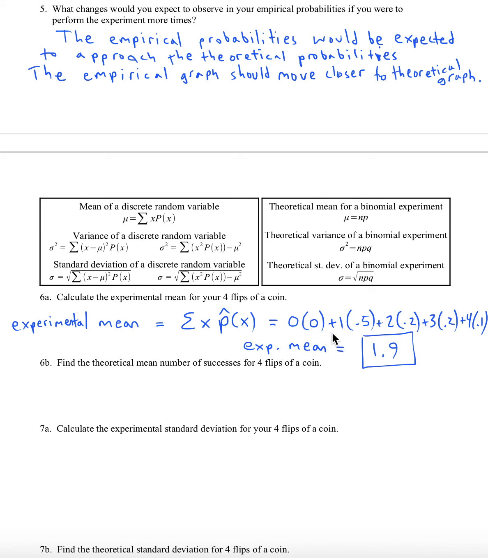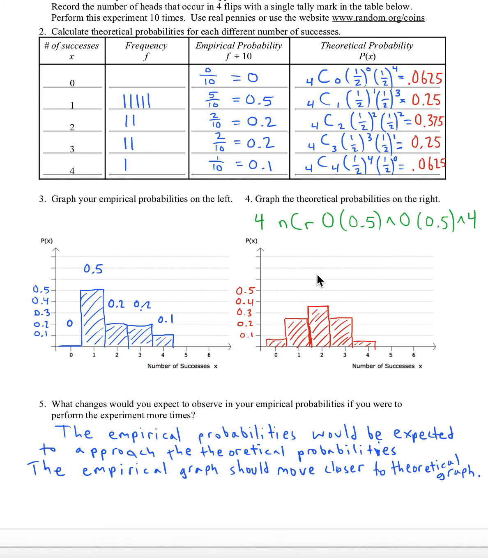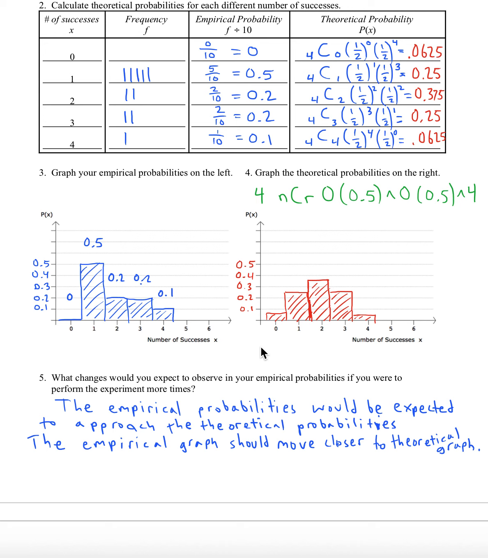Let's plot that on the distribution graph up here. 1.9 occurs right about here. That's the experimental mean.